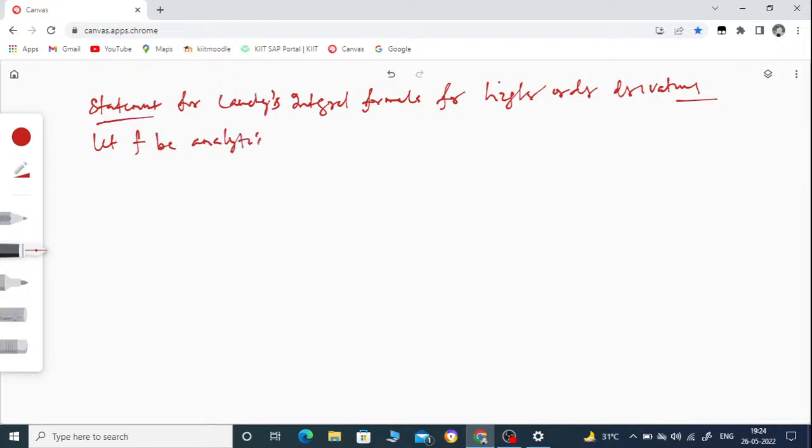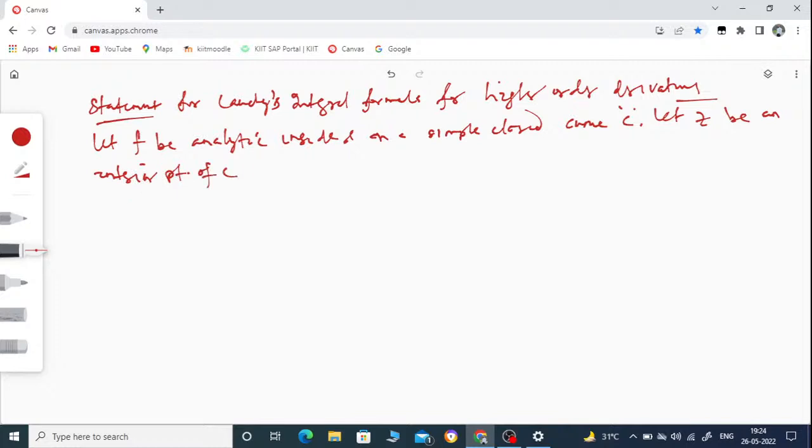Let f be analytic inside and on a simple closed curve C. Let z be an interior point of C. Then f dash z is equal to 1 by 2 pi i integration over C f of j divided by j minus z whole square dj. I have to prove this.